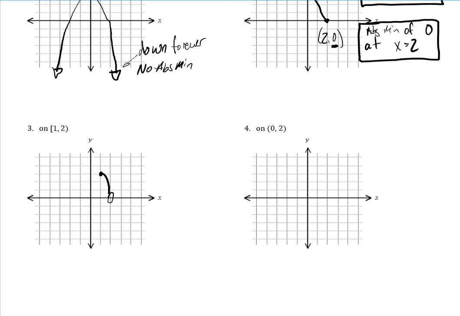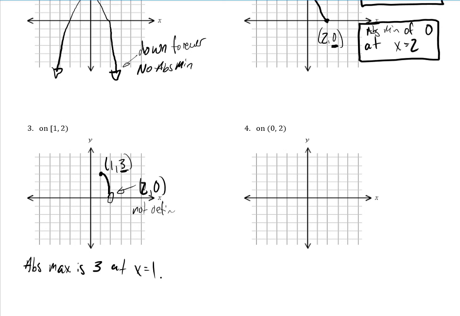This time around, it's not really the peak, it is just the highest coordinate. My highest y-coordinate is 3, so that means I do have an absolute max there. Absolute max is 3 at x equals 1. This open dot is not defined. The parenthesis makes it so it's not defined. We can see it's the coordinate 2, 0, but that's not defined.